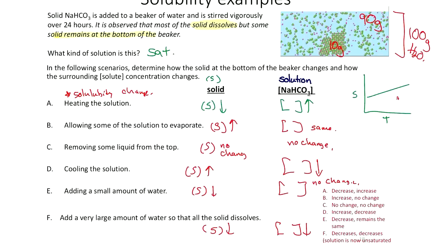We are below the line. We've added so much water that there's no more solid to dissolve. So this solution can actually accept more solid if we wanted to. And so at this point, now it just becomes an M1V1 calculation, because there's no excess solid to dissolve into that added water.